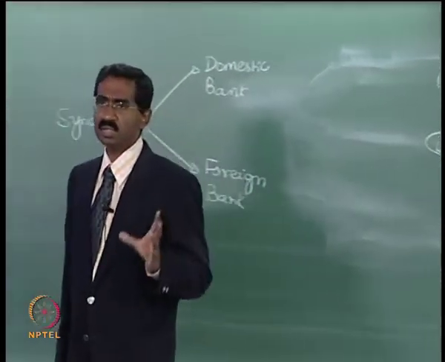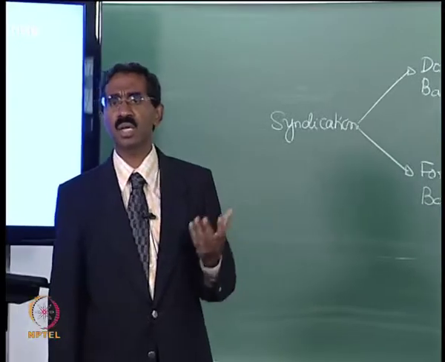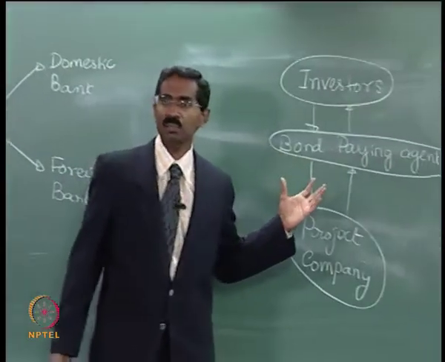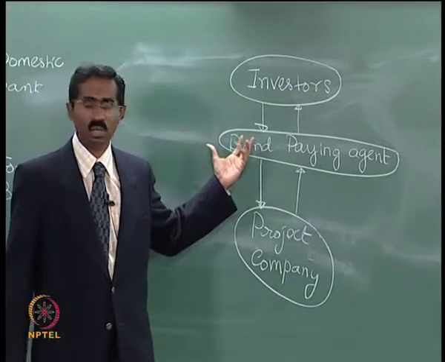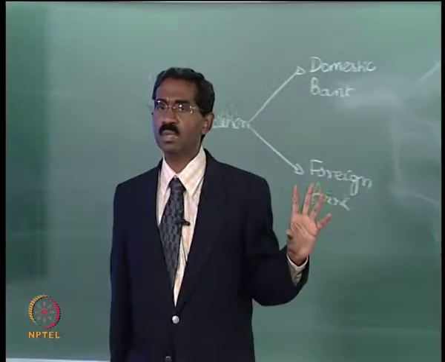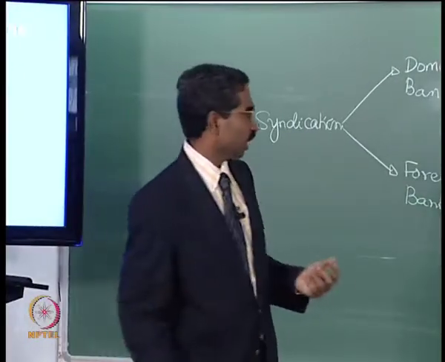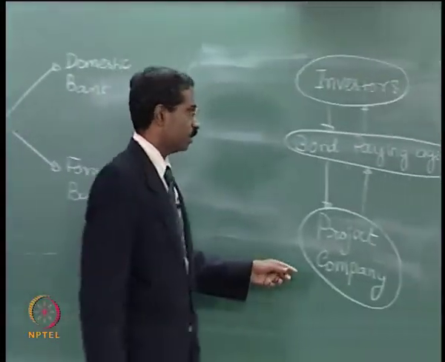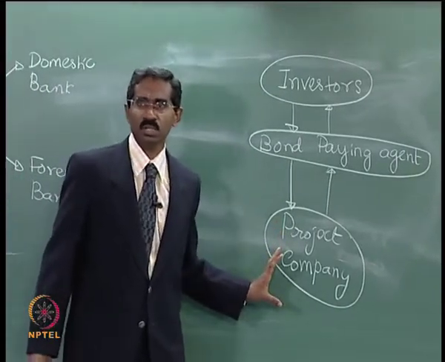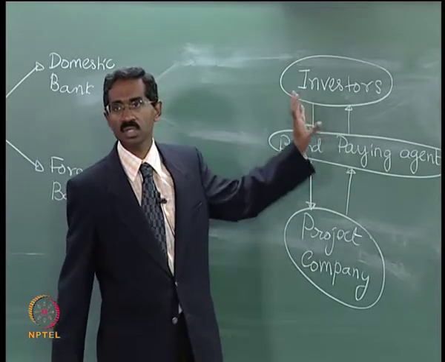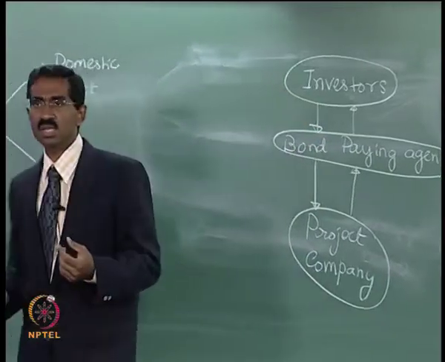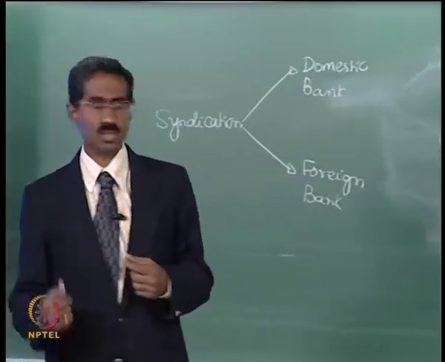So the bond paying agent essentially takes on the administrative task of repayment and the administrative task of collecting the loan amount and giving it to the project. It is more in the role of an administrative agent. A project finance company, by outsourcing these administrative responsibilities, is able to focus on managing the project better rather than ensuring whether the interest is reaching the investors on time, whether the address and other details of the investors are correct in its books of records, and so on and so forth.